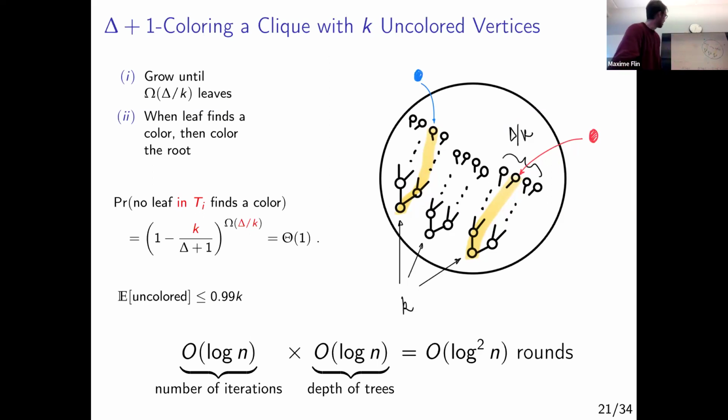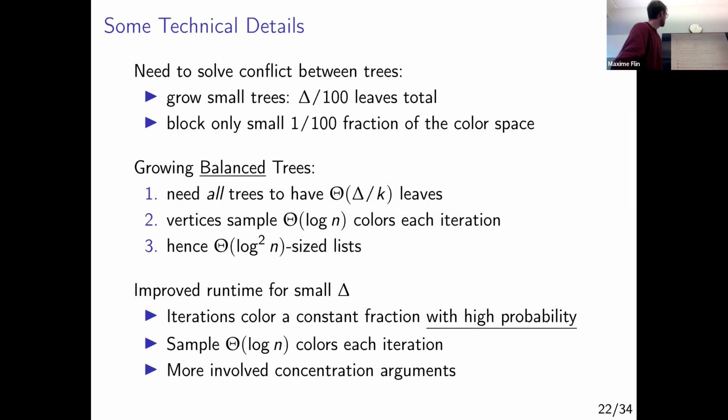And just some notes on this. This is too many words, but you need to deal with the conflict between the trees. This can be done with standard techniques from distributed algorithms. It's not too difficult. What's more annoying is that you need to make sure the trees are balanced, because the number of leaves you have in a tree corresponds to your likelihood of being colored.